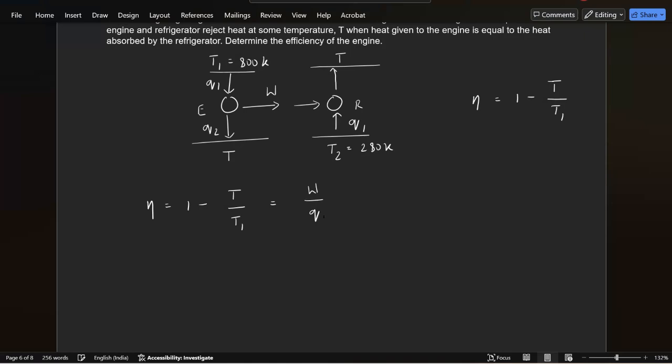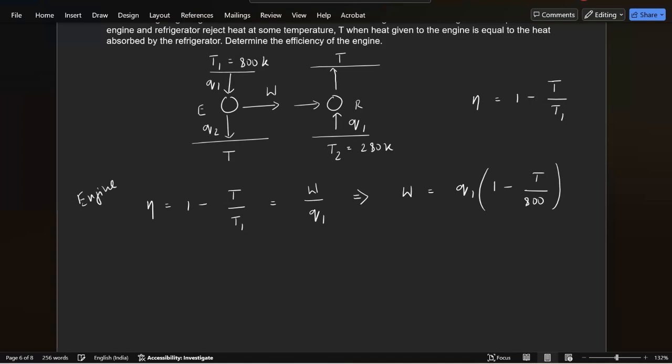No? Heat input is Q1. So which implies work done is equal to Q1 into 1 minus T by 800 Kelvin. Okay, fine. So this is for the engine.